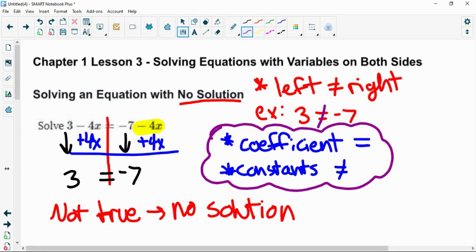Let's do one more, which is the infinitely many solutions. And we'll take a look at what's the same and what's different, because that could give me a hint as to what kind of answer we're going to have.